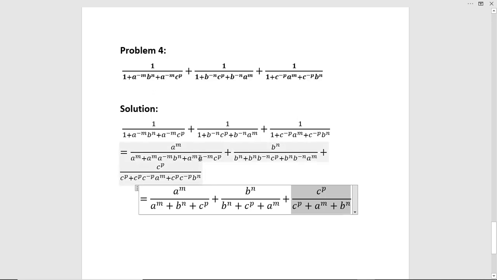Also a to the power m, a to the power m will be cancelled, being 1, so we will get c to the power p into 1, that is c to the power p. Similarly, from the second and third fractions we will get this type of expressions.